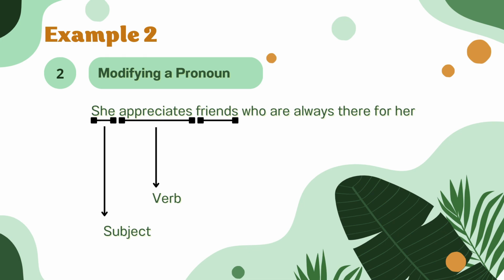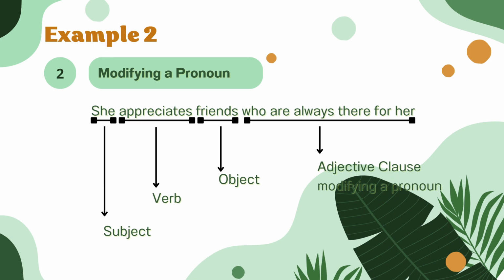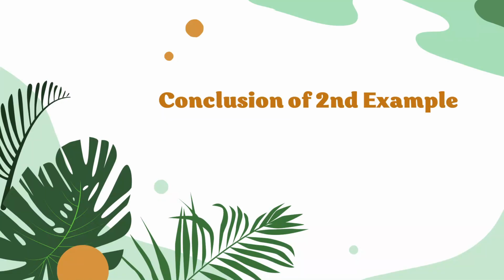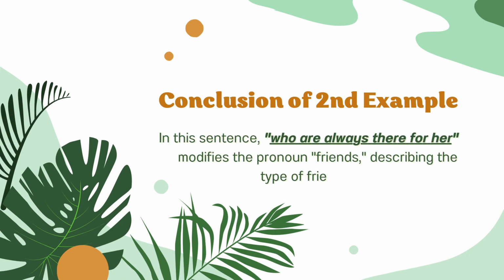"Friends" has a function as object. And "who are always there for her" has a function as adjective clause modifying a pronoun. The conclusion of the second example: in this sentence, "who are always there for her" modifies the pronoun "friends," describing the type of friends she appreciates.